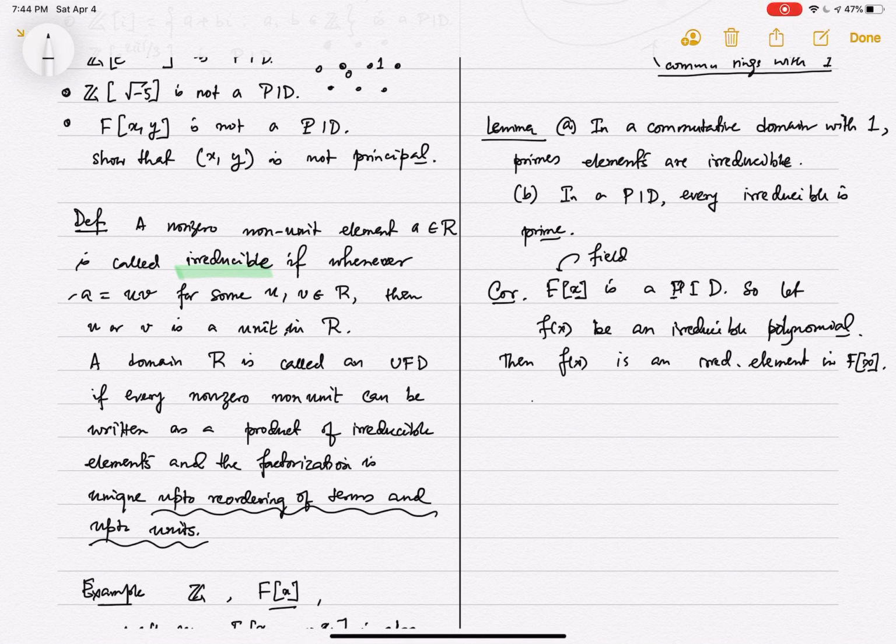The definition of irreducible element is exactly the definition of irreducible polynomial. So it's a prime element by the lemma I just stated.